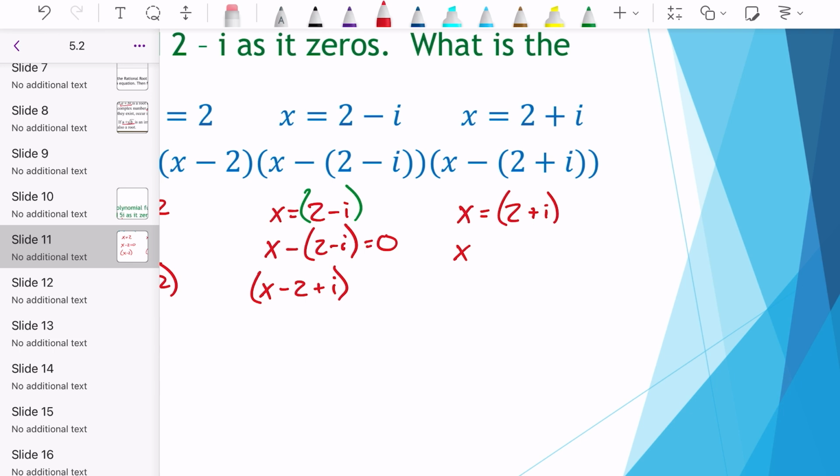As we bring it over, it would be 2 plus i, and we subtract that from both sides. So x minus 2 plus i would be equal to 0. We go ahead and distribute the negative. x minus 2 minus i would be equal to 0, and that would be our factor.